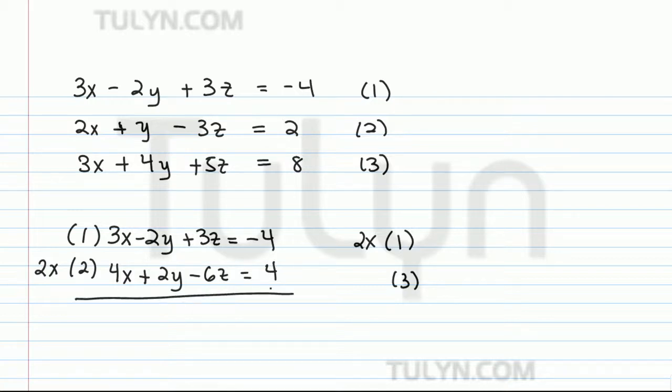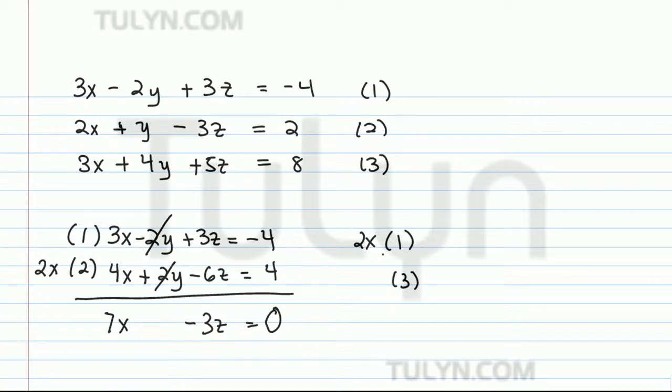Now adding everything together, we get 7x, the y's cancel out, which is exactly what we wanted, then minus 3z is equal to 0. Remember, negative 4 plus 4 is just going to give us 0. It doesn't mean that the equation is unsolvable. 0 is just a value in this case.